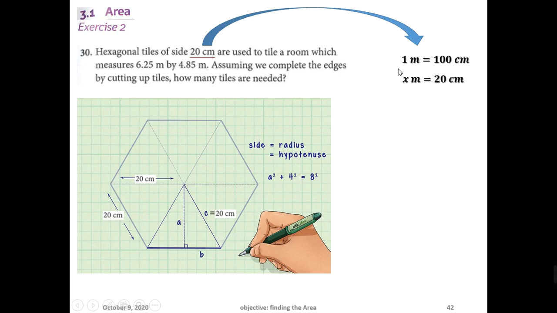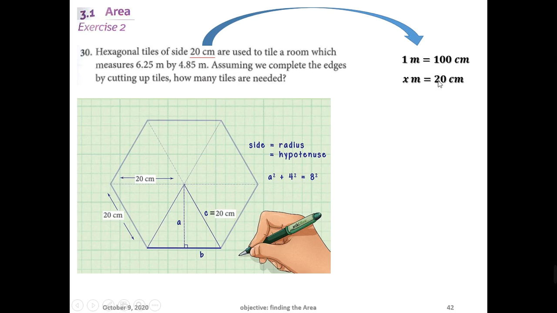Another way to do it is we write the fact, we arrange the given numbers underneath this fact, and then we decide what to do. So 20 centimeters is given to us, so it's going to be underneath the 100 centimeters. The number in meters is missing, so we're going to put x as unknown under the meter.